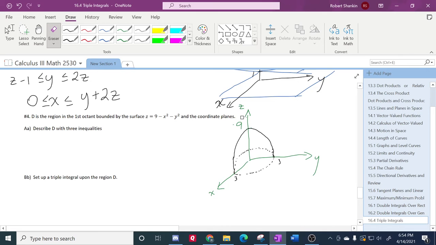And this part that you can't see falls back over here as well. It's kind of a cone, like a dish, or a bowl that's turned upside down like this. So describe D with 3 inequalities. Go ahead and start working on that.